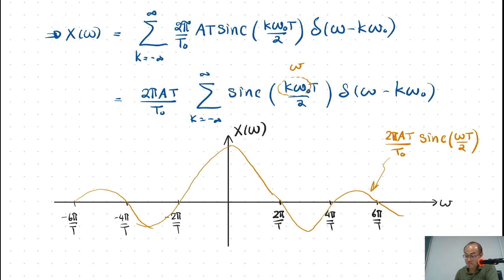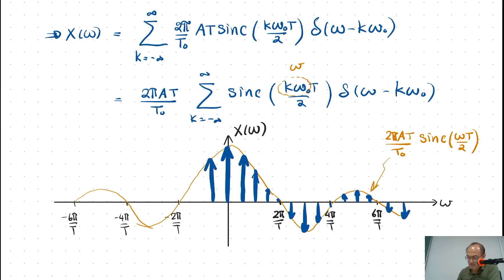So I have this, the first one, the second one, the third one, the fourth one, and so on. The impulses are every omega 0 apart. So I have this.